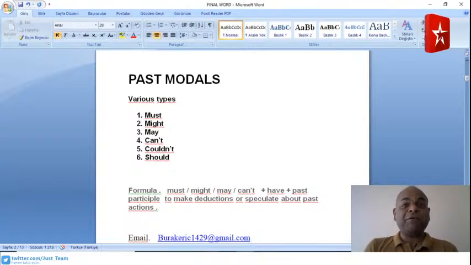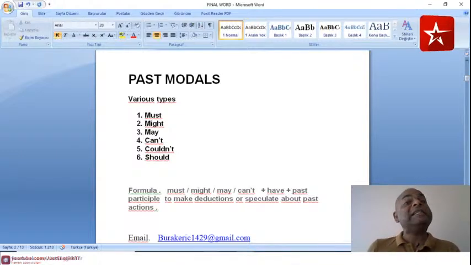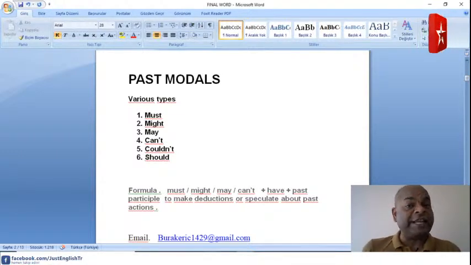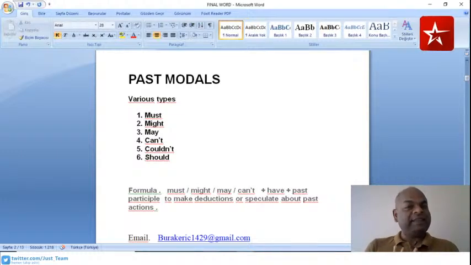For example, we got must, we got might, we got can, could, we got should, and we got ought to. So we got different types of them. And what we're going to do today is start talking about them. I know might and may are quite similar, but remember, there's just a slight difference between them.